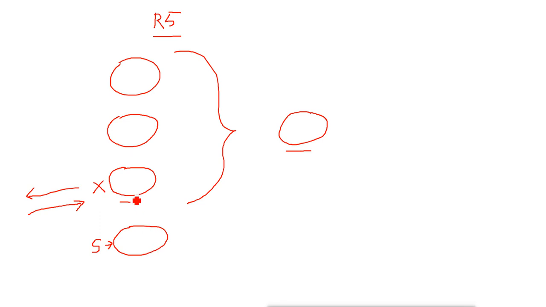Now what happens if this disk goes down? This disk will be removed from the RAID because it is corrupted, and in place of this disk, automatically this spare disk will come and be added into the RAID array.